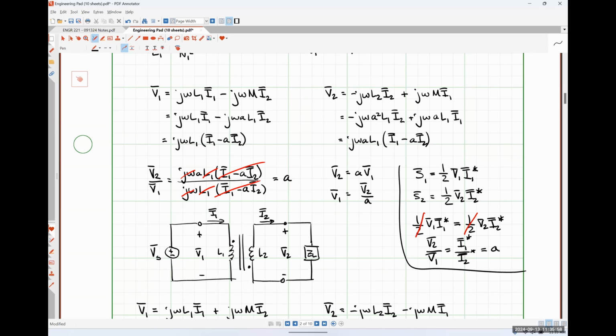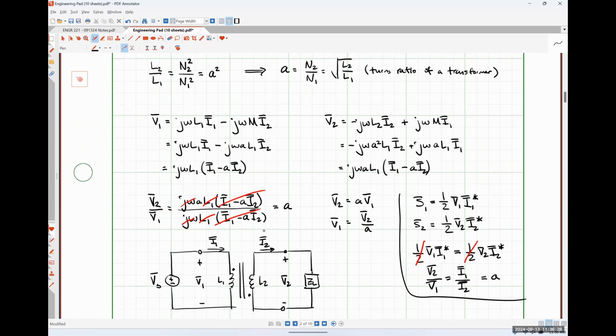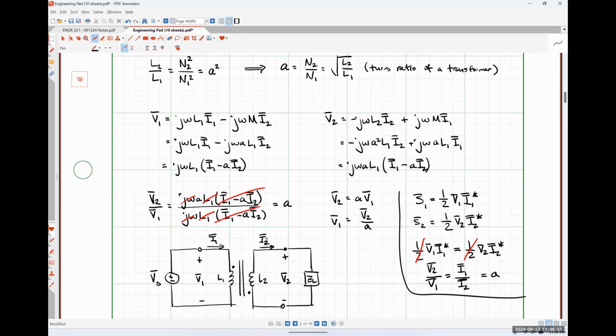So what's the complex conjugate of a real number? The number itself, right? So 5 plus j0's complex conjugate is still 5 plus j0. So these conjugate signs don't actually matter at all. So this definition of our turns ratio was for this particular circuit with regard to currents, but on the other one, we have to pay careful attention to, like I said, power in on the left-hand side versus power out on the right-hand side to make sure we give our current ratio the right sign.